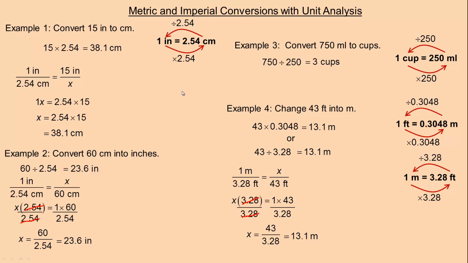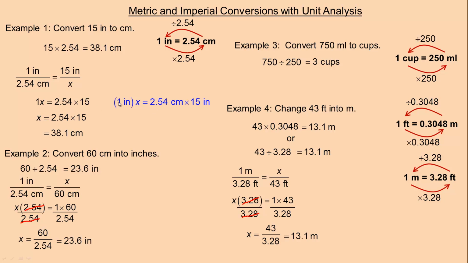Now I'm going to talk about the unit analysis in examples 1, 2, and 4 here. I dropped the units from this step to this step, but if you leave the units in, you can see why the answer is inches or centimeters or feet or meters, whatever it is. This first one is the cross multiplying step, same as the one I did here, but I left in the units.